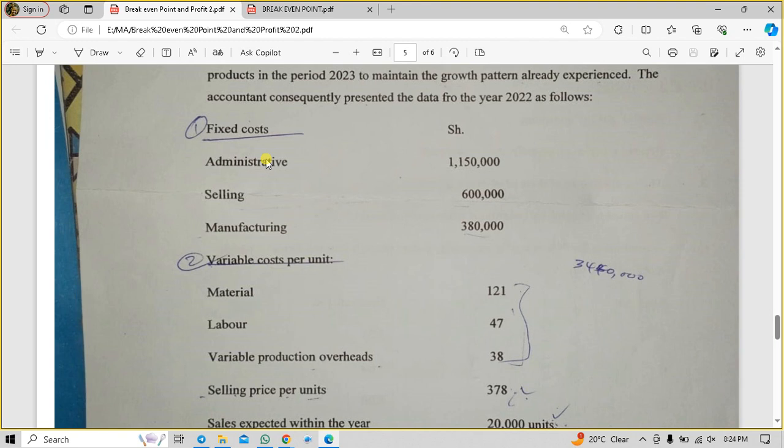Yes. Na mko fast. Si kwa exam ikikuja mfanye hivi. What is the tax? Less tax ya 35%.